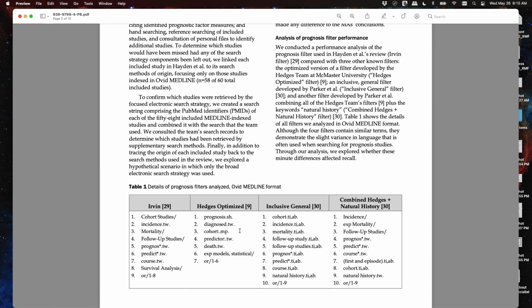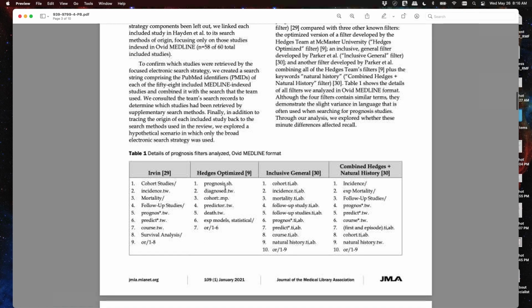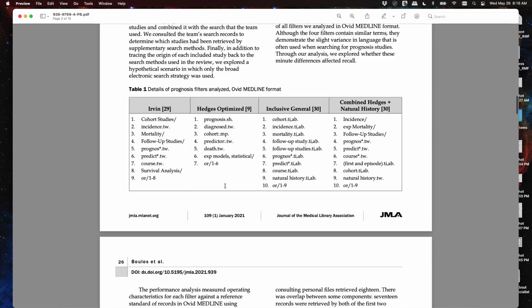And this publication apparently also reported on a second filter, called the combined Hedges in natural history filter. Okay. So that's what they wanted to do.